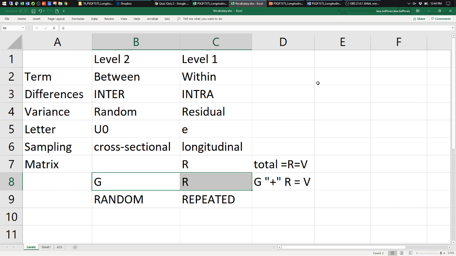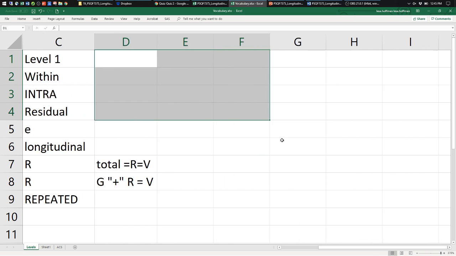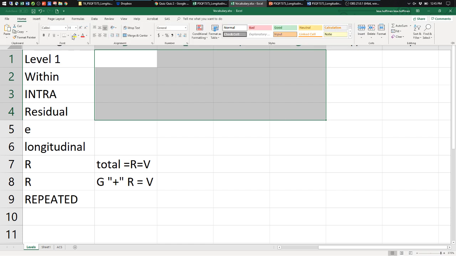Sorta. G would have more stuff in it. So G just gets more complex. Yes. So what would end up happening is, G would have, let me see if I can make something that's big enough here in Excel. Like, if this whole thing right here were G, let me make an outline around here.